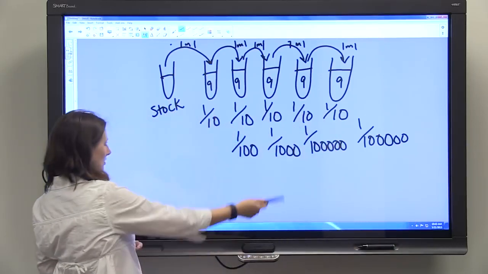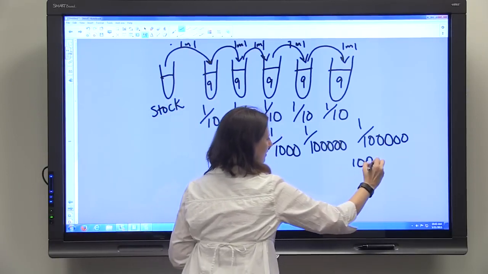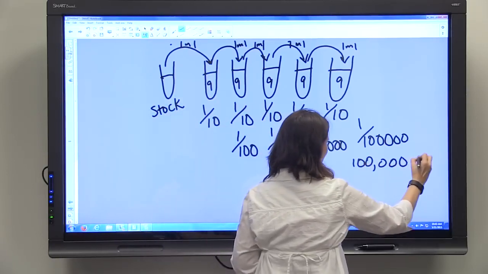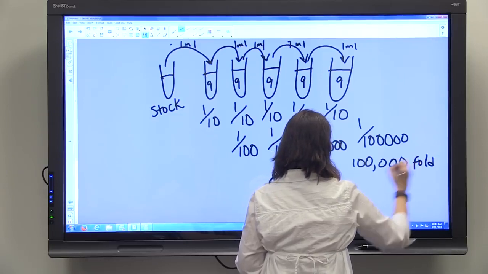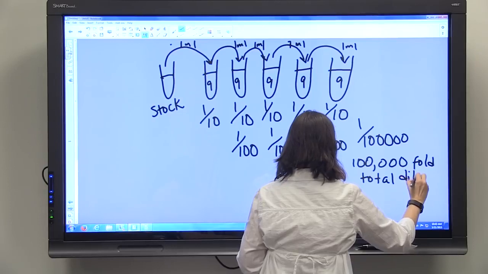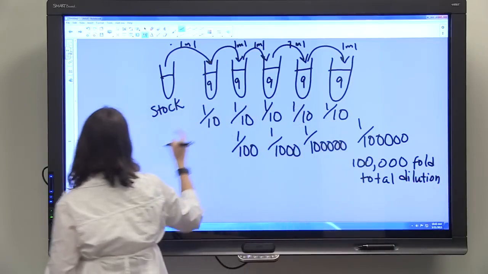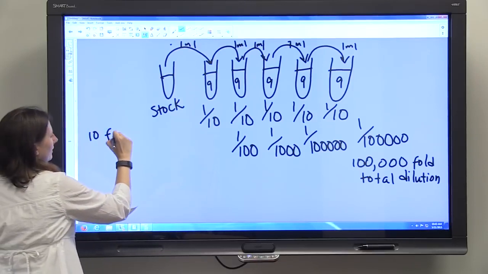So ultimately, this is a 100,000-fold total dilution. It is a 10-fold serial dilution.